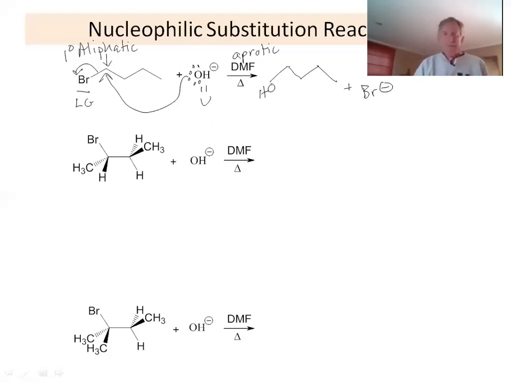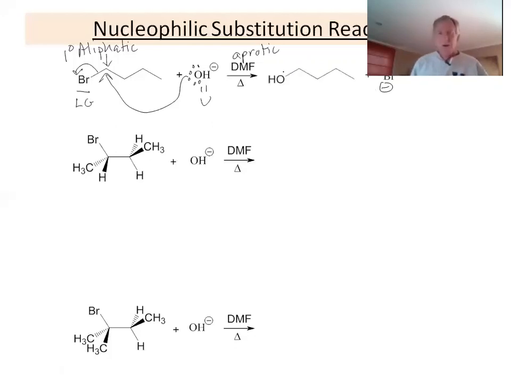Okay? And that's a beautiful reaction. All right? If my writing looks too messy, then let me erase it for a second and just show you I have it all out. Yes, that was a nucleophilic substitution. So we're in good shape.